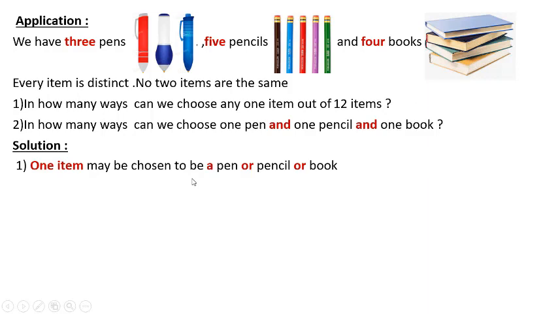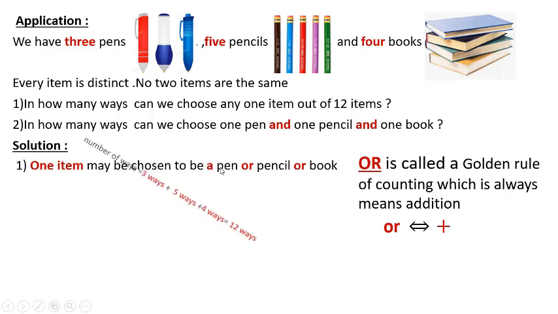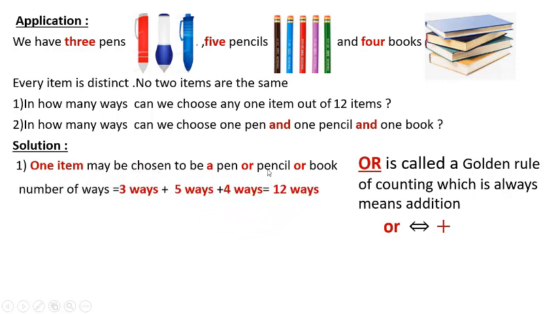Now one item may be chosen to be a pen or a pencil or a book. For a pen we have 3 ways, for a pencil 5 ways, and for a book 4 ways. Then we can choose one item out of 12 in just 12 ways.